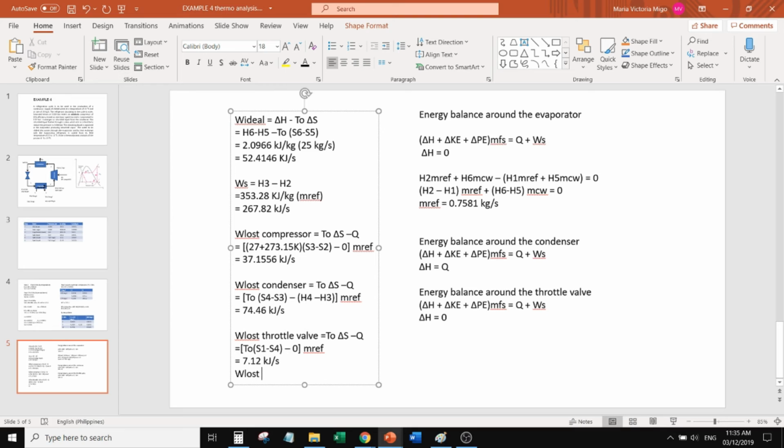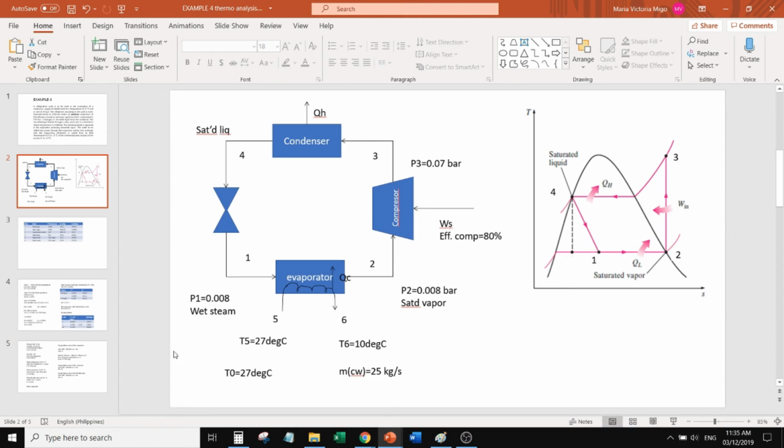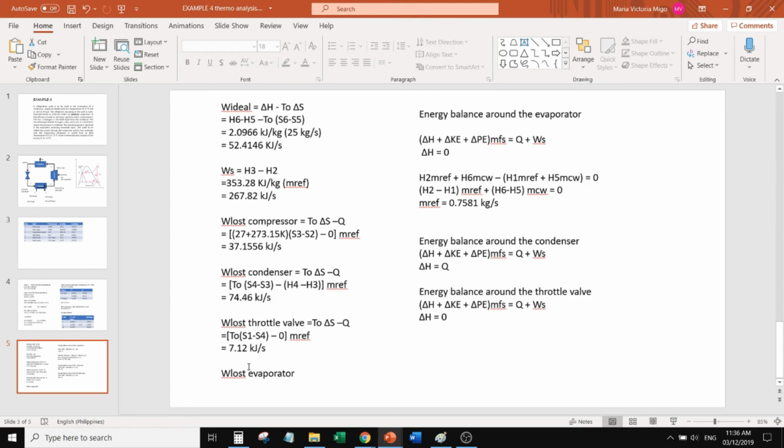Lastly, work lost in the evaporator. In the evaporator, there are two streams, stream 1 to 2 and 5 to 6.